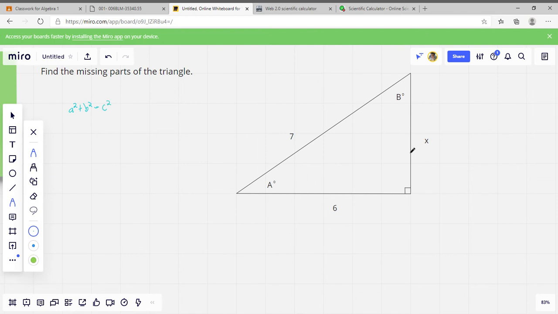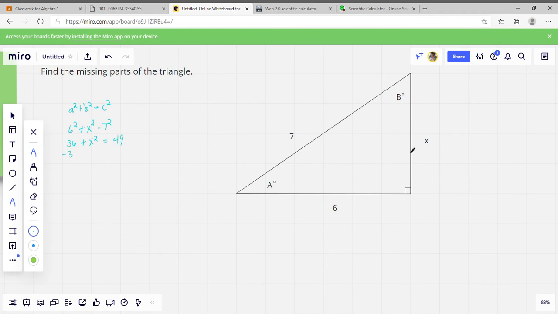C is our hypotenuse, so that's going to be 7. And then we'll say a is 6. And then that b is going to be x. So 6 times 6 is 36 plus x squared equals 7 times 7 is 49.